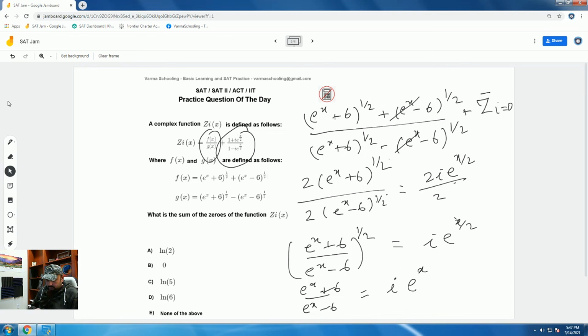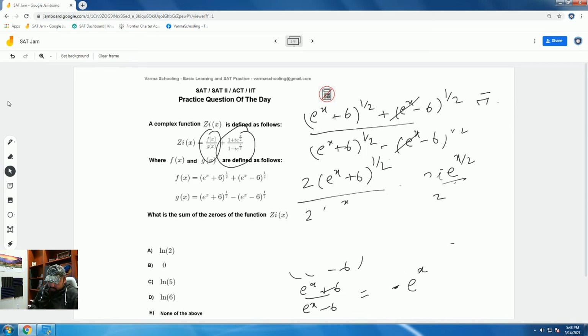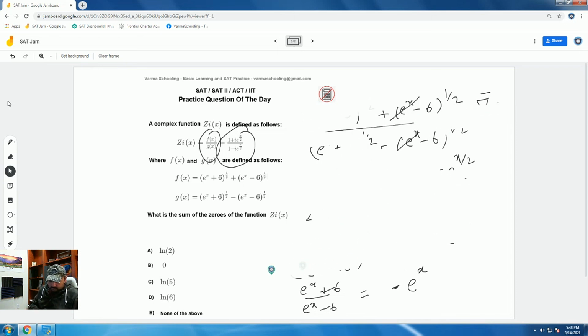So now this thing changes into minus 1. Now we're going to work from here, and we notice that this is a quadratic equation if we substitute e to the power x equals t. This equation simplifies quite easily and turns into a quadratic equation of e to the power x components.